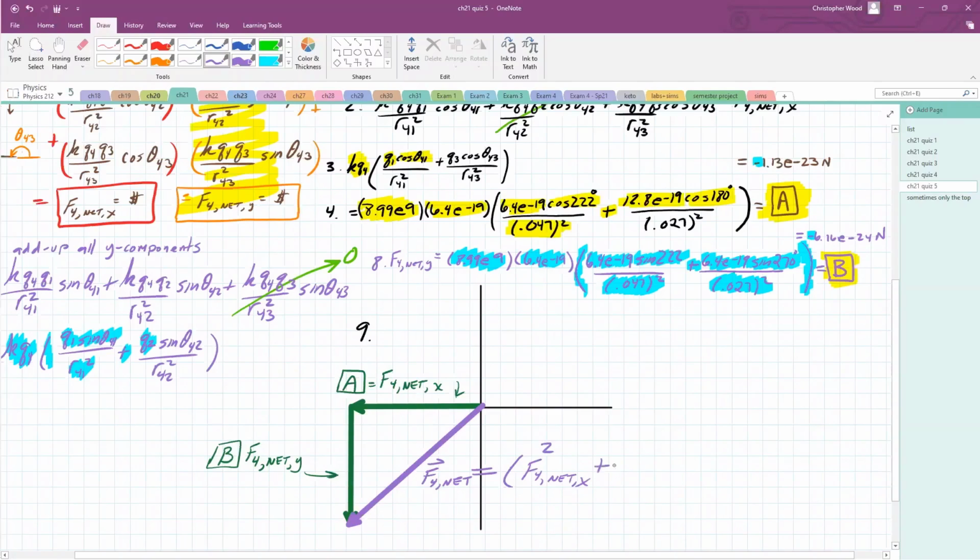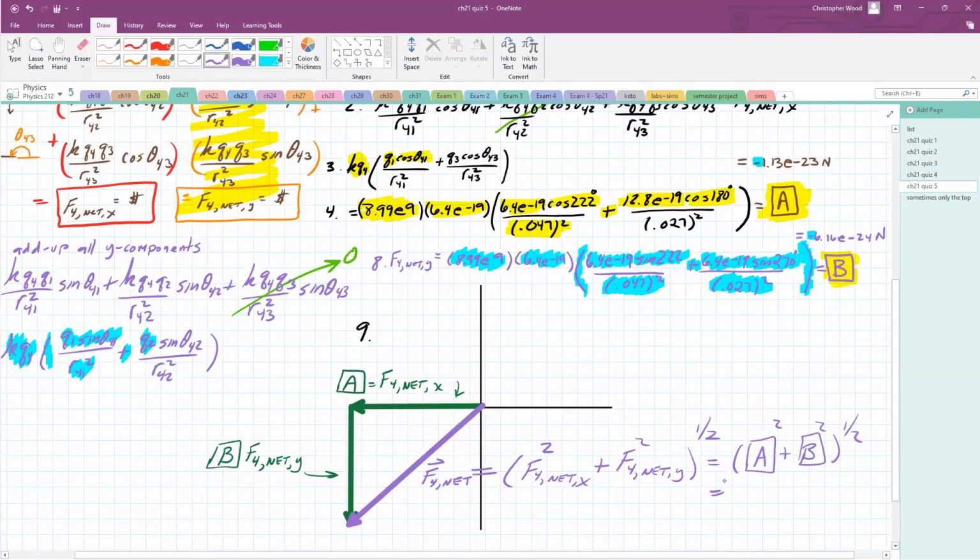All I'm doing is Pythagorean theorem plus F4 net Y, Pythagorean theorem again, squared, square root. So it's as easy as taking memory location A squared plus memory location B squared, square rooting it.